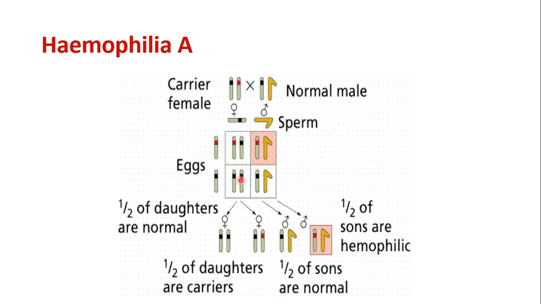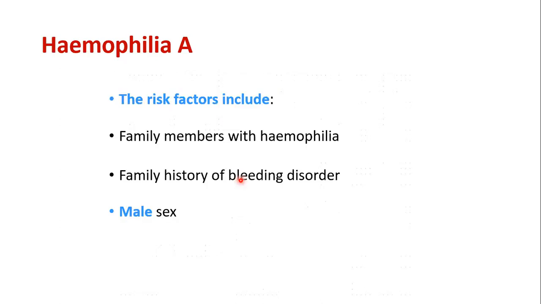But most of the time in clinical practice, we see females as carriers and males as sufferers. You can remember Queen Elizabeth of England, whose families were hemophilic. So they had this disorder.